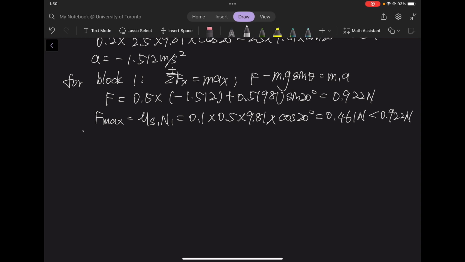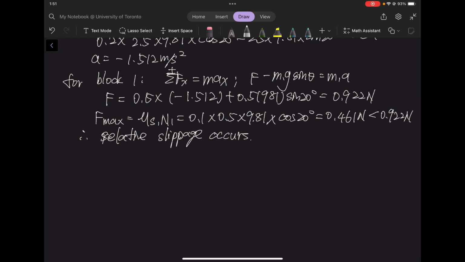So we could say the relative slippage occurs because the maximum friction it can provide is smaller than 0.922.